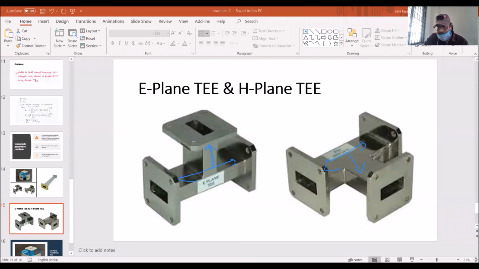This can be called horizontal elevation, or this can be called vertical elevation. This is your E plane and this is your H plane. Now let us combine these two.